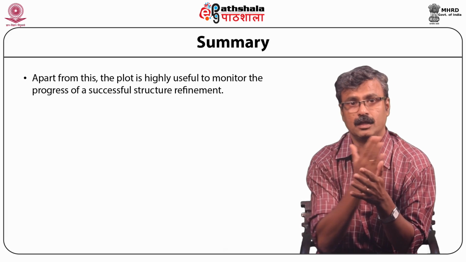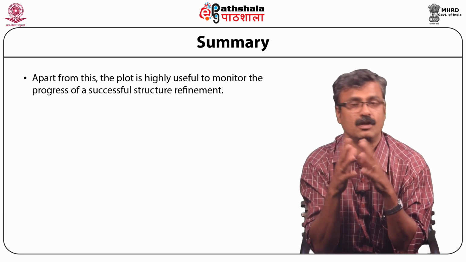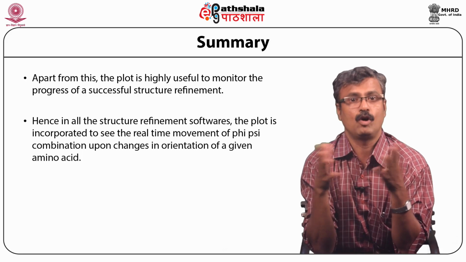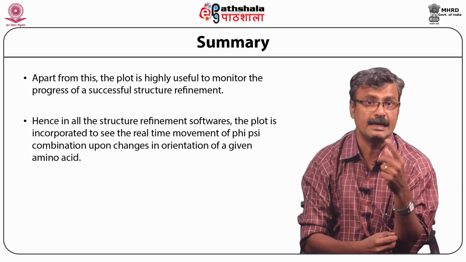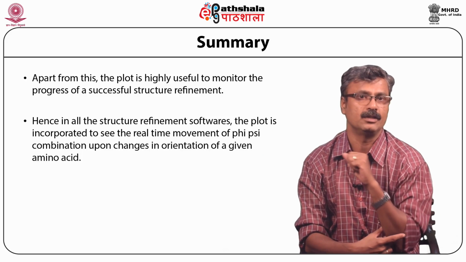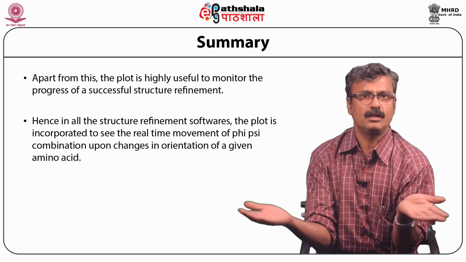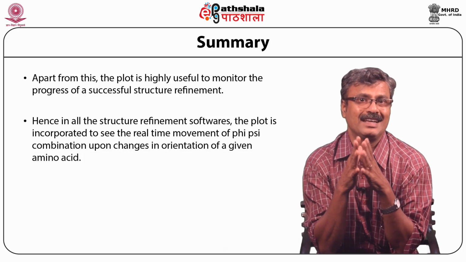Apart from this, the plot is highly useful to monitor the progress of successful structure refinement. Hence, in all the structure refinement software, the plot is incorporated to see the real-time movement of phi-psi combinations upon movement of the residues.